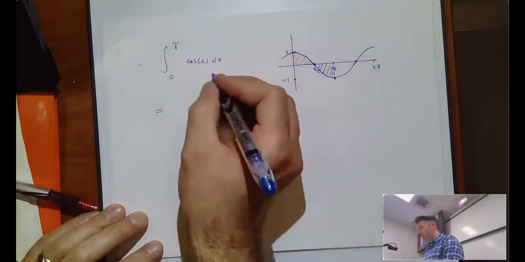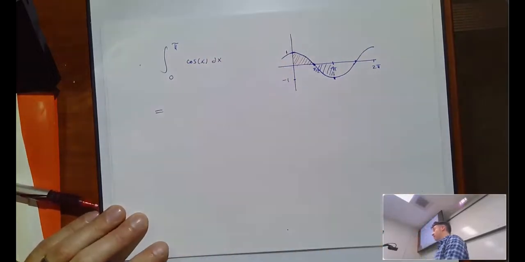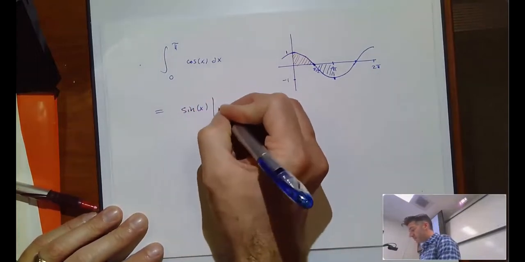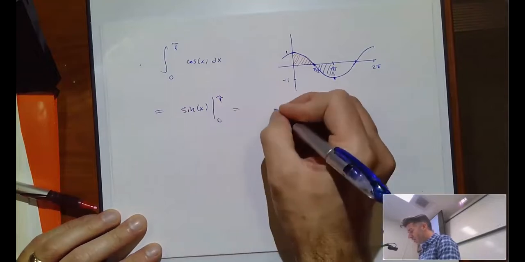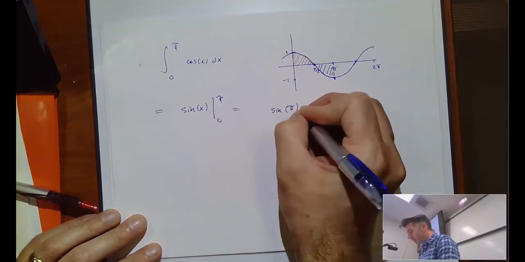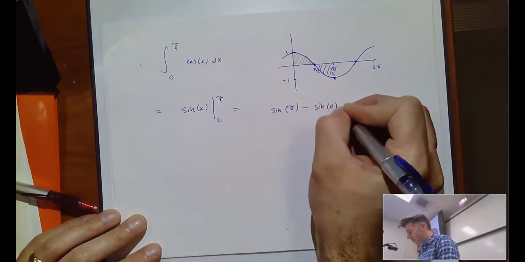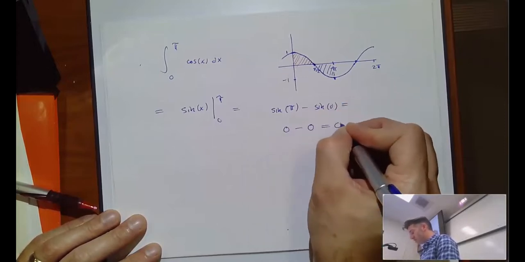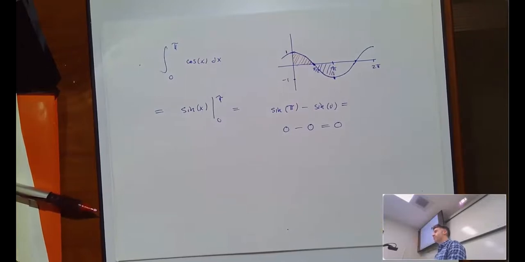If we anti-differentiate cosine of x, we get positive sine of x. From 0 to pi, we plug in, we get sine of pi minus sine of 0, but sine of pi is 0 and sine of 0 is 0, so we get 0. So if you have the same amount of area above as below, they do end up canceling each other out.